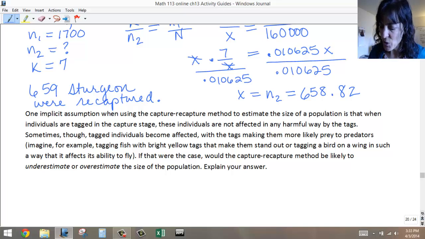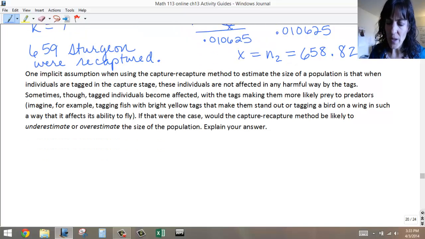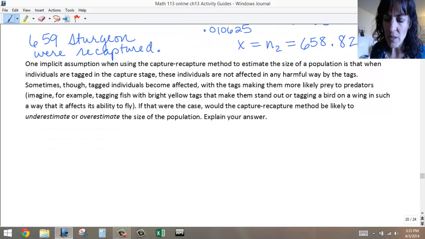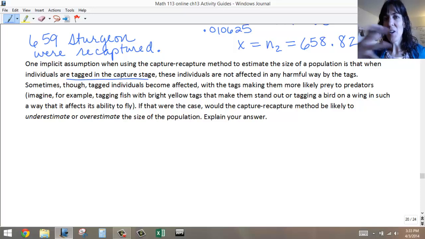So we have to think about that, and if we do something when we tag the individual, like the tag makes them more likely prey, or it makes it so they can't fly very well, or if it were toxic and it killed them, then we wouldn't capture any of the tagged ones back because they'd all be dead.